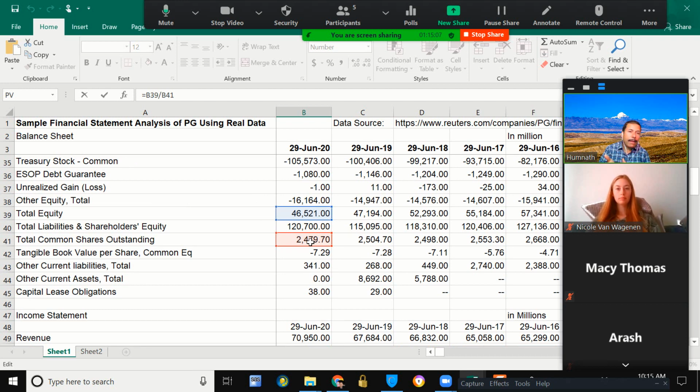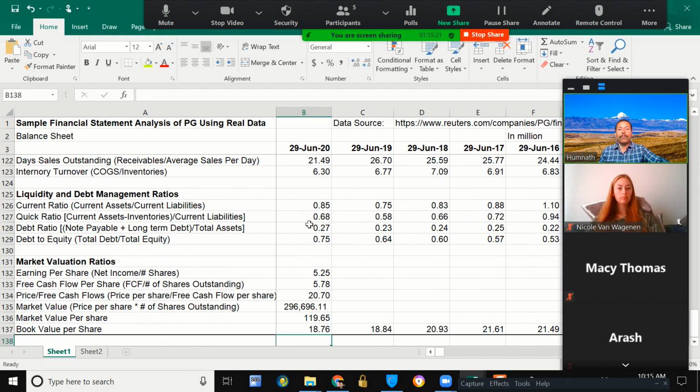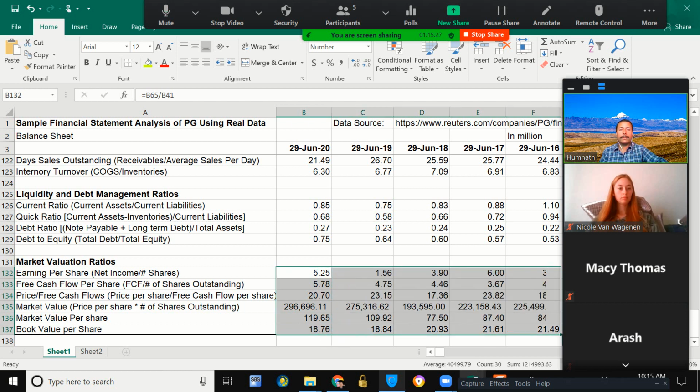One is the market value of the equity, the other is the book value of the equity. Book value of the equity is whatever is written on the book, total equity. Market value is whatever share price they have, which you multiply by the number of shares outstanding. So with that we are done with all this calculation, and we can just make sure we have this, and here you go, we did all this calculation.